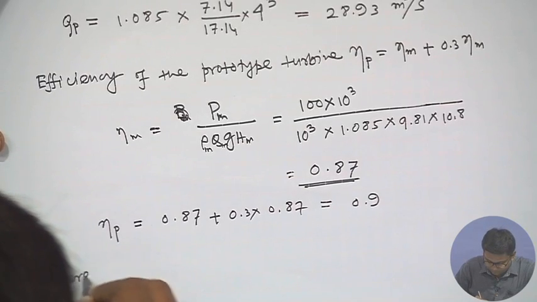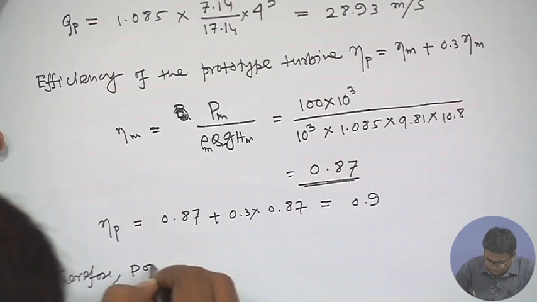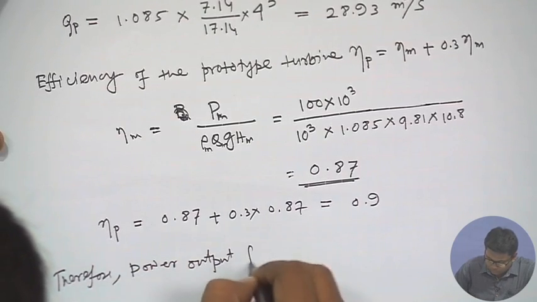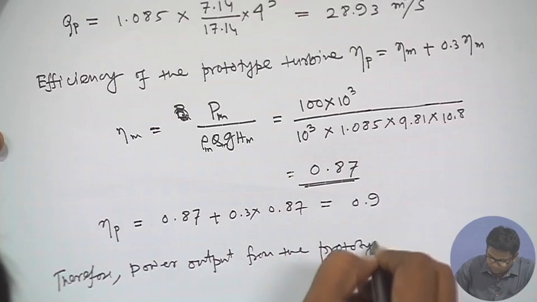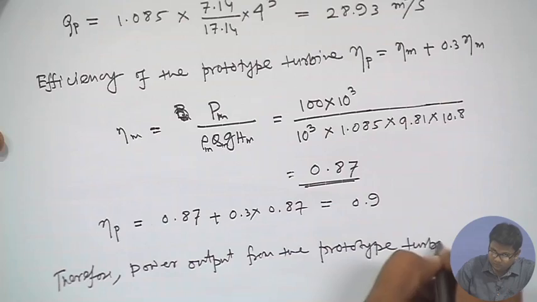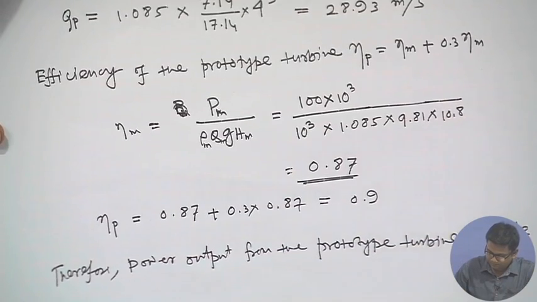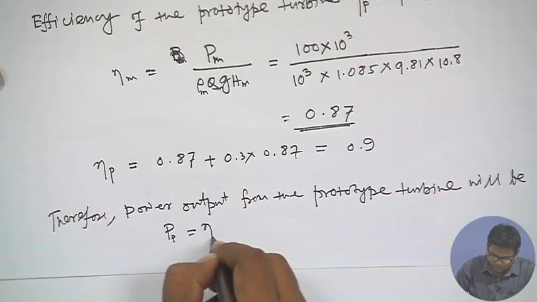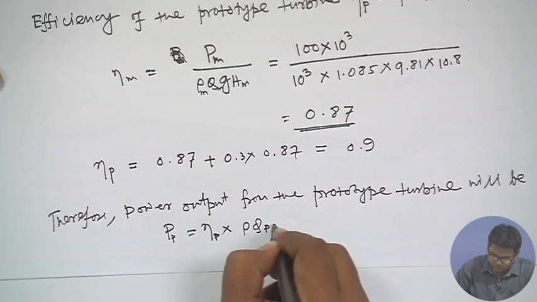Therefore the power output from the prototype turbine will be the efficiency of the prototype turbine times rho Qp g Hp.